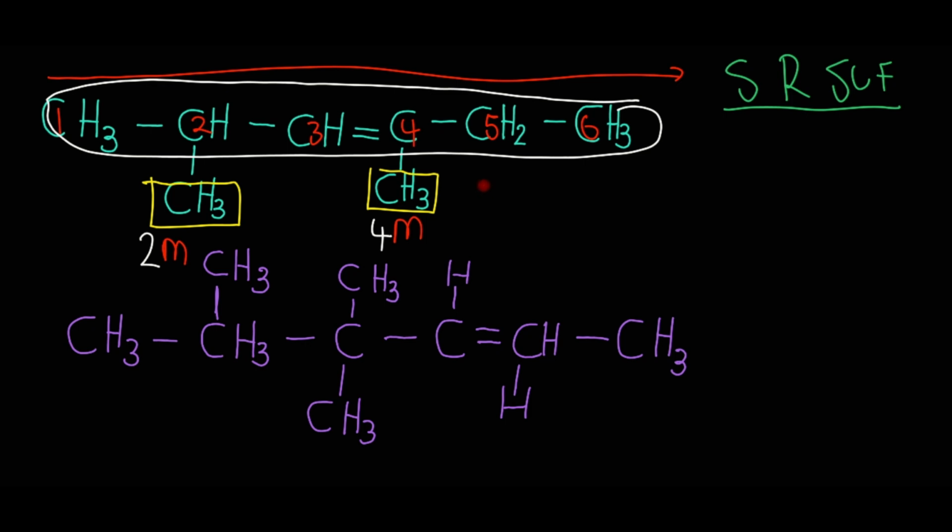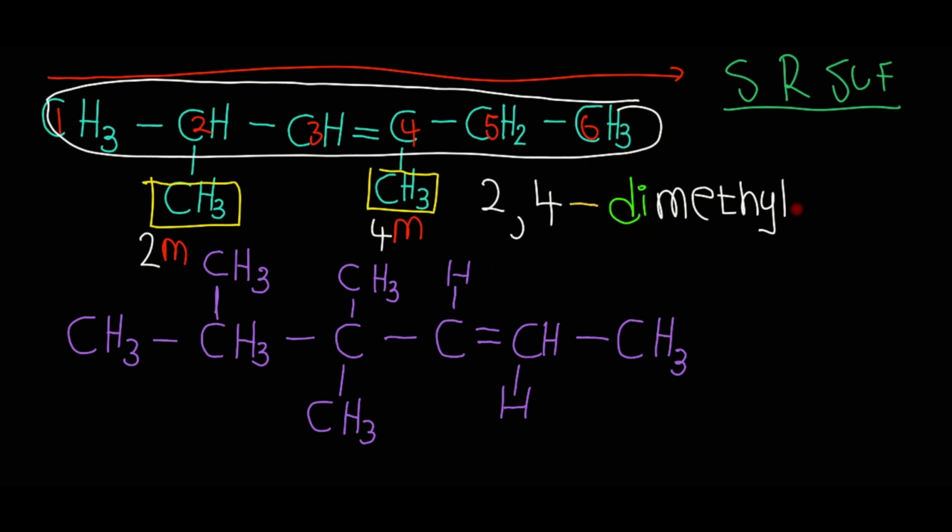So we say this is 2, comma, and then 4. This means that we have a substituent at carbon 2 and at carbon number 4, and because they are 2 we say di, and then methyl. So now we have explained that in carbon 2 and carbon 4 we have 2 methyl, that is why we used di.